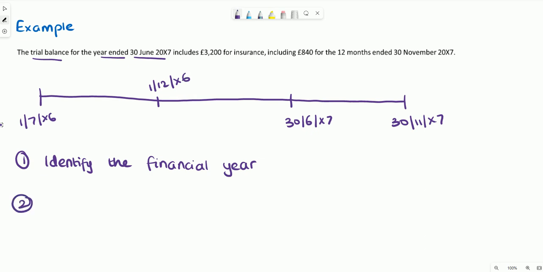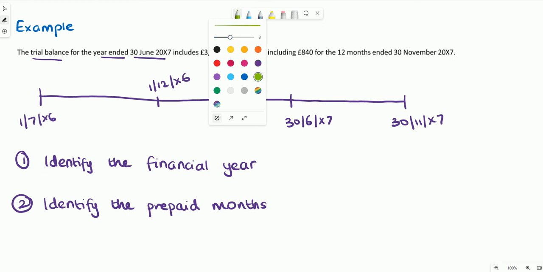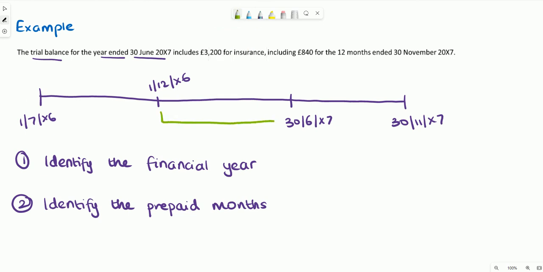So second step, identify the prepaid months. Here I can see this period actually falls within my current financial year. So I'm okay that this expense is okay to be included within my current financial year.